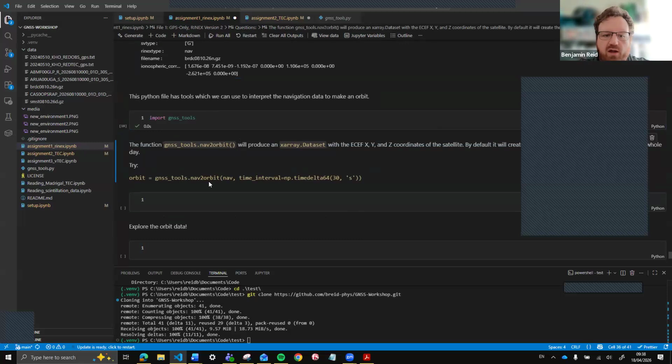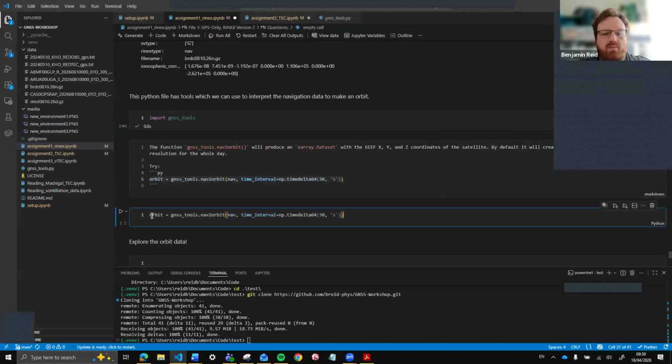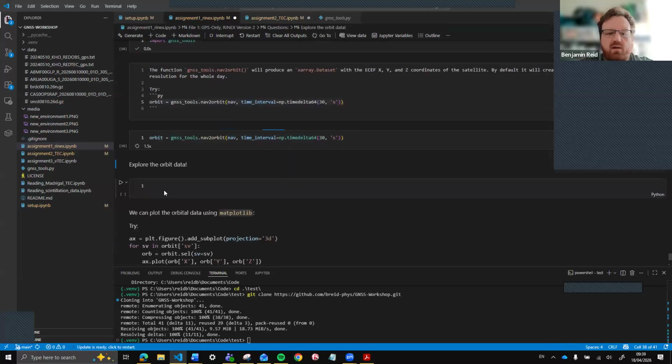So there's another function in here called nav to orbit that I wrote up that basically takes all of those orbital parameters and converts them into a nice, friendly array that has all of the satellite positions in it.